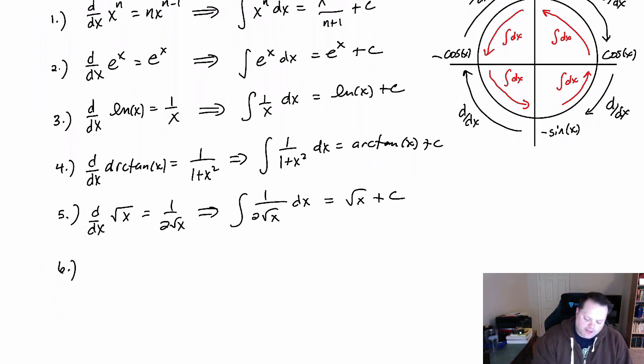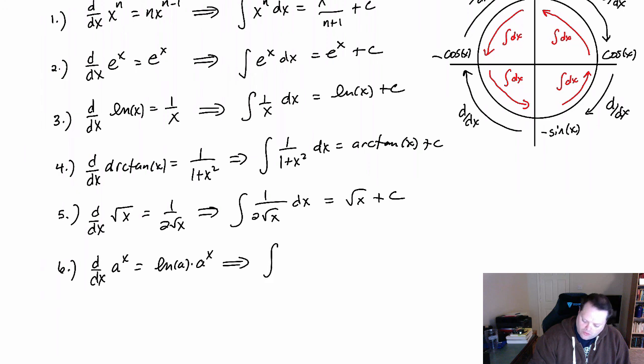Another one. We looked at the derivative of not just e to the x, but a to the x for any base a. These are just general antiderivatives. The derivative is natural log of a times a to the x.